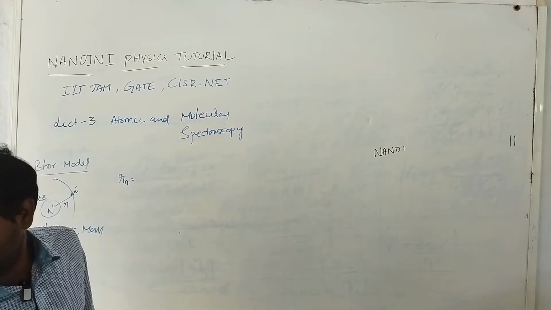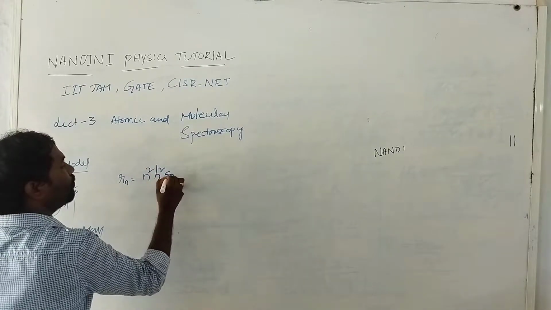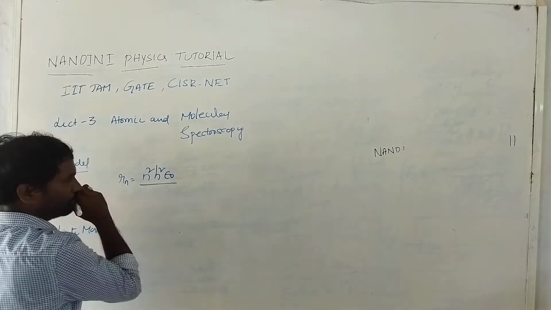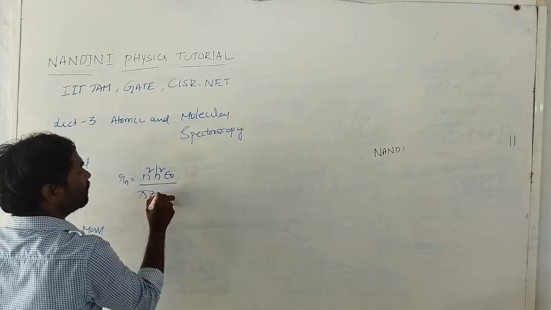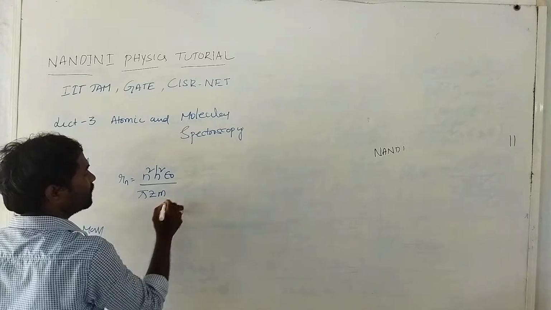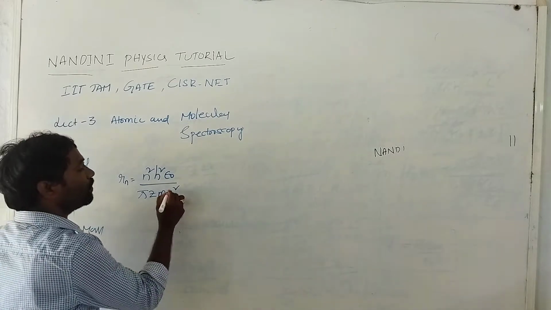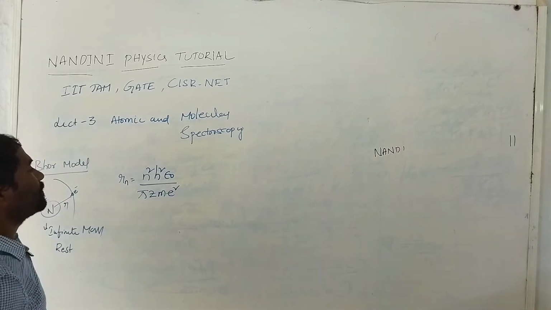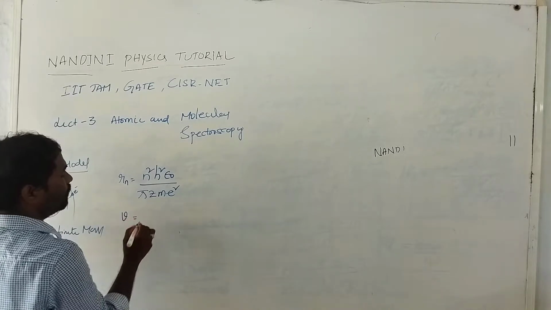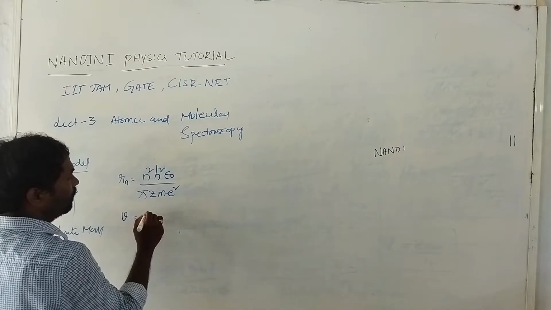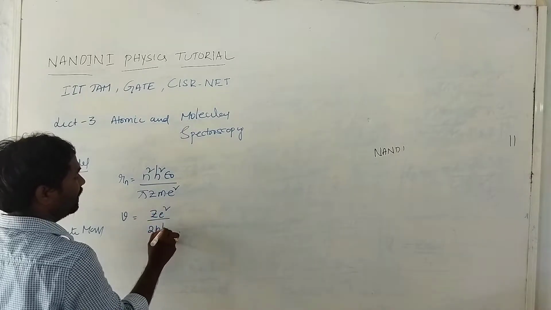The radius Rn is equal to n square h square epsilon naught divided by pi z m e square. And the velocity is equal to z e square by 2 n h epsilon naught.